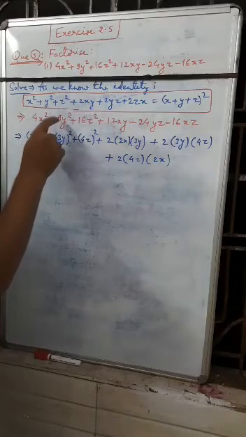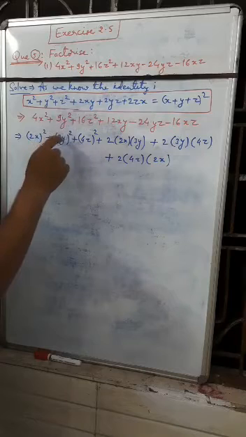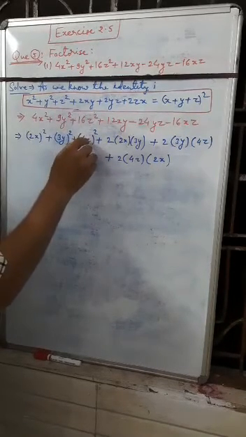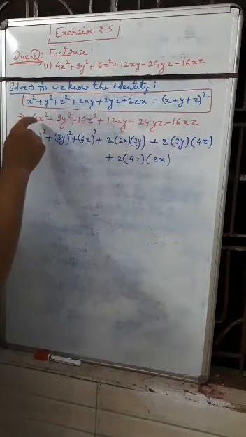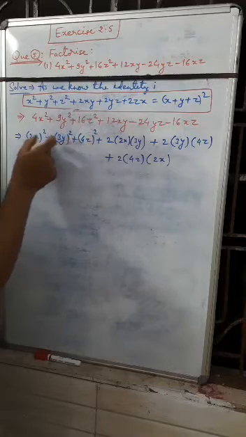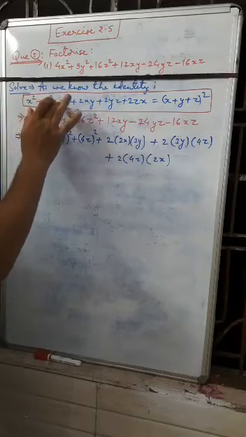Now 9y square is 3y whole square, since 3 3s are 9 and y square. And 16z square is 4z whole square. That means we take the square root of 4x square, 9y square and 16z square to convert it into the form of the whole square, because we have the formula x square plus y square plus z square.